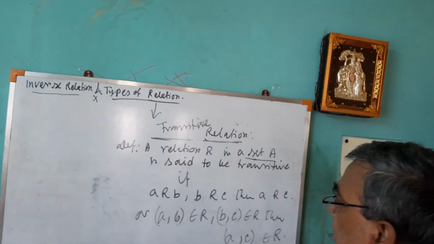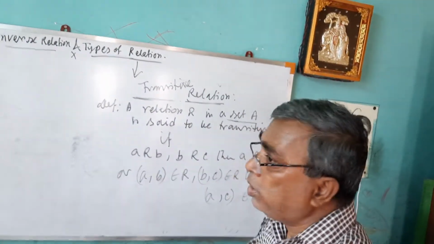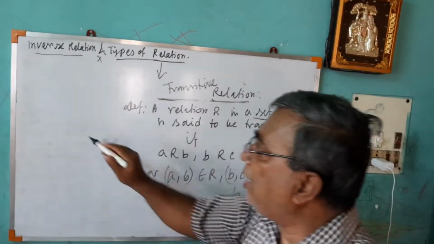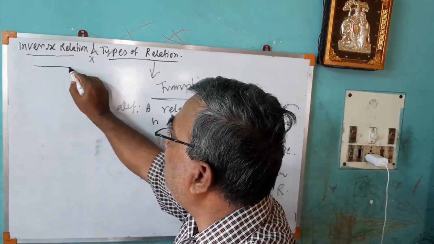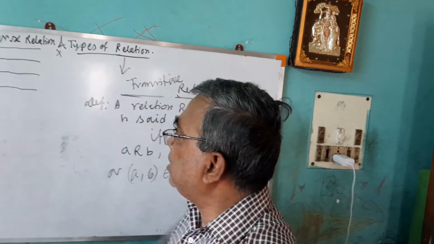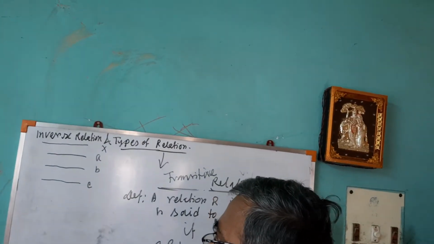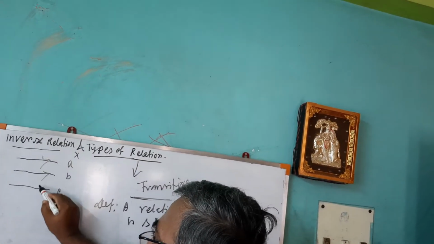Suppose there are three parallel lines. This is a, this is b, this is c. They are all parallel lines.